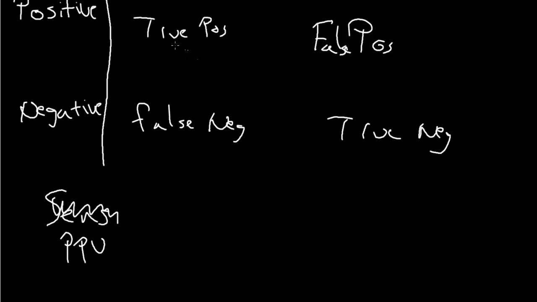Okay, so your positive predictive value. What is a positive predictive value? This time we go across in the column. Okay, so a positive predictive value is your true positives divided by your true positives plus your false positives.